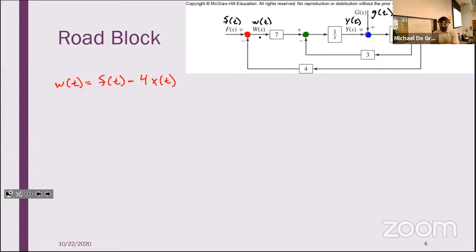I don't have any fancy signal names coming in or out of that. So I've got some signal. Take a look at this right here. If we're coming in here, this is just 7 times w of t, because w of s goes into 7, so that's 7 times that.